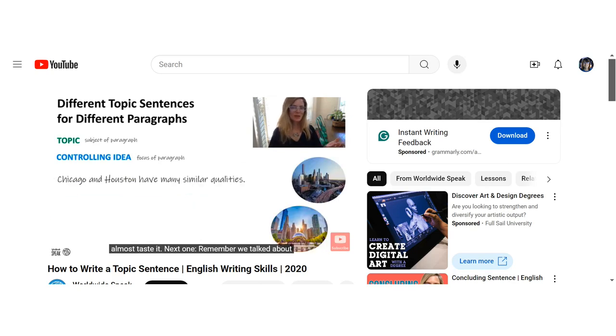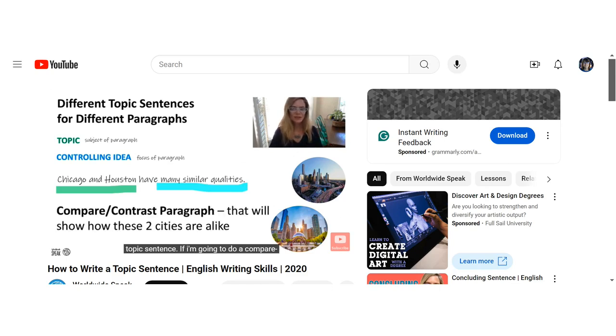Remember we talked about Chicago and Houston, right? That was our topic. That was the bigger idea. And then how did we control our paragraph? Well, we said that they were alike, that they were similar. This sounds to me like a fantastic topic sentence if I'm going to do a compare contrast paragraph, right?